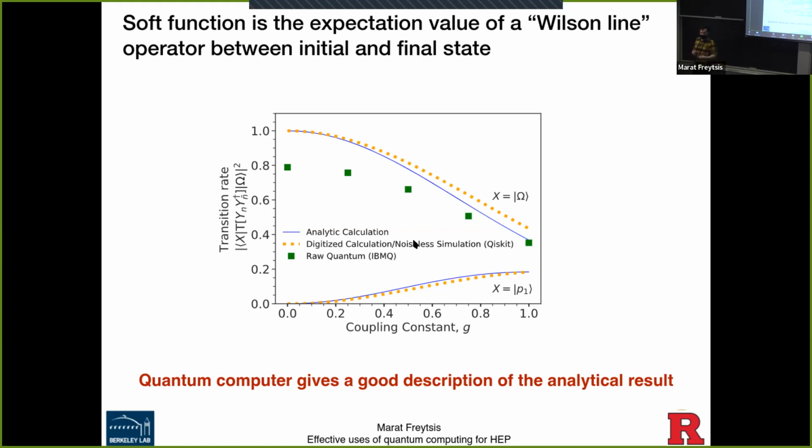But it turns out there are ways to mitigate some of this through what is known as zero noise extrapolation, where essentially you introduce additional noise into the system that is a scaled up version of what you already know is there. You see how much the signal degrades, and you try and extrapolate that answer back to what it would be in the zero noise limit.